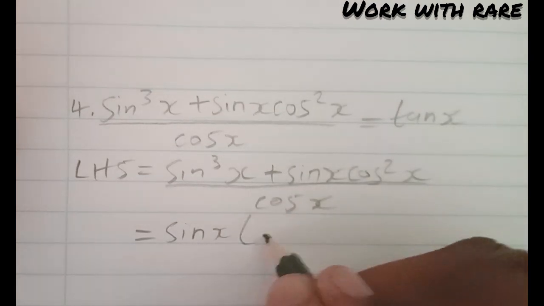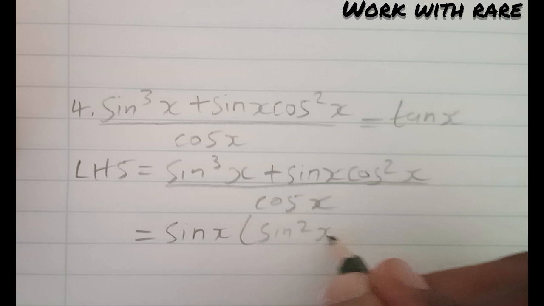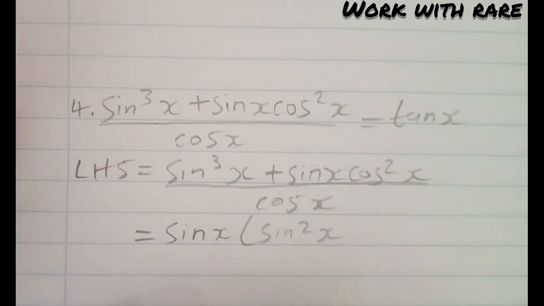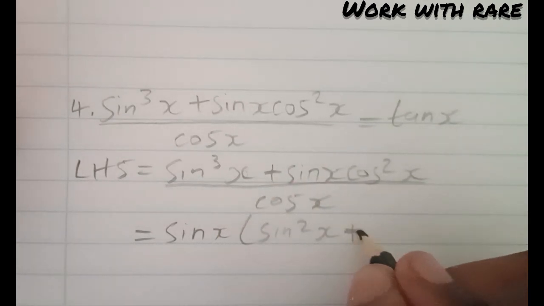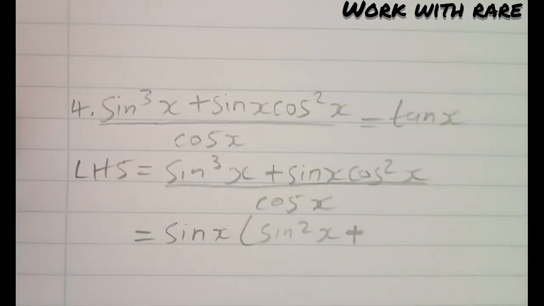So here I'll have to write sine squared x, because when you multiply the same base, you add the exponents. So 2 plus 1 is 3. So if I multiply this by this, I will get this. Remember here it's plus, so I have to write plus, you see.